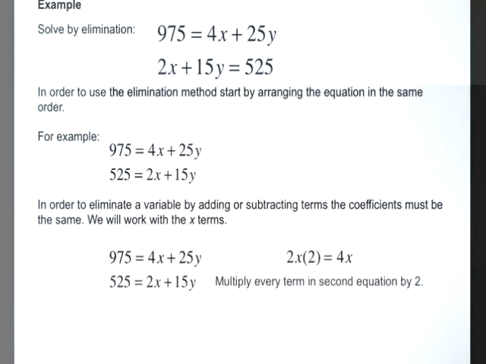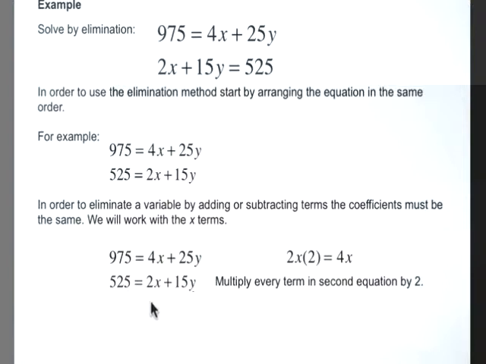If we multiply every term in the second equation by 2, it's not going to change the equation itself, because if we double one side of the equation and double the other side, it doesn't change the equation. The left side and the right side are still equal, and we haven't changed the meaning of the equation.